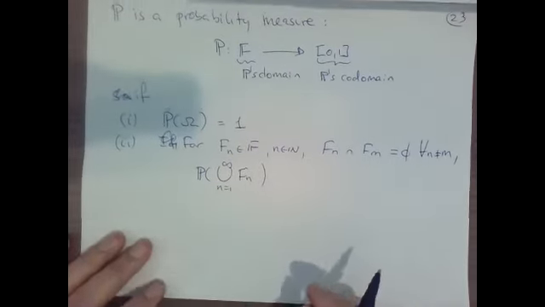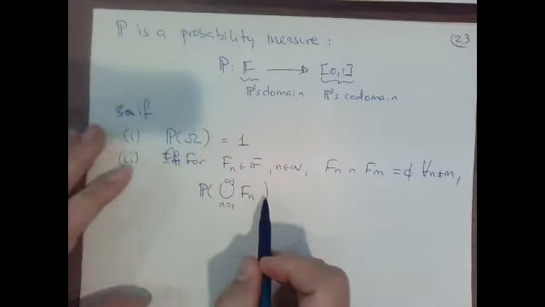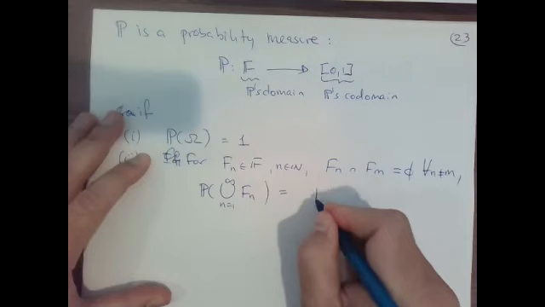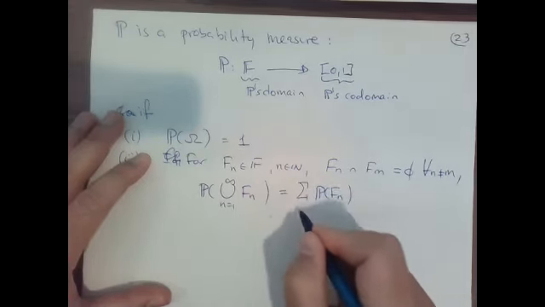This is the second property of what it means to be a probability measure. I take the probability of the union. This can be computed by computing the individual probabilities and adding them up.